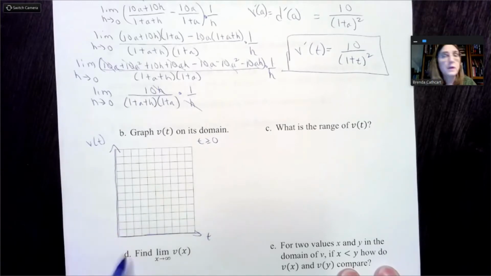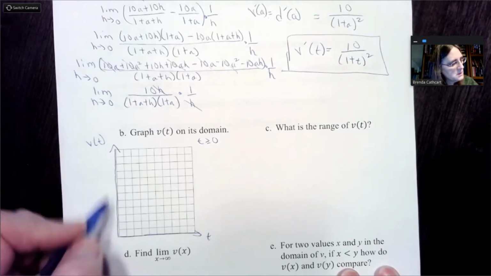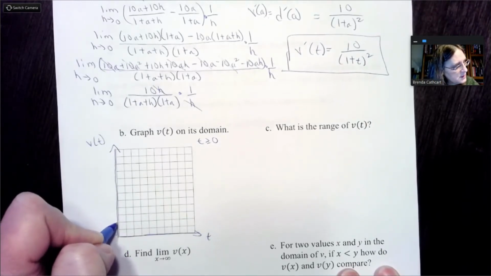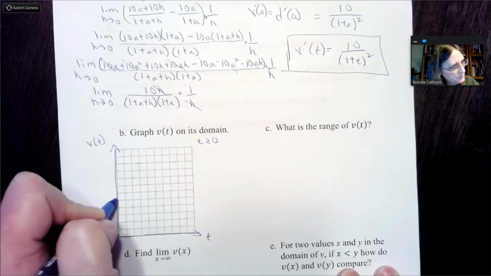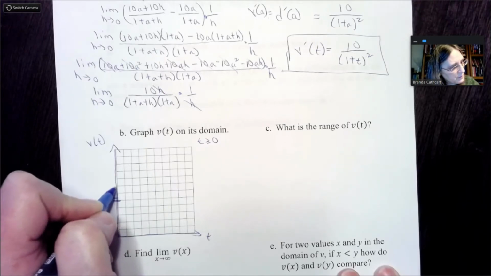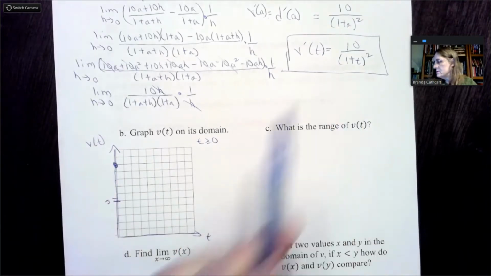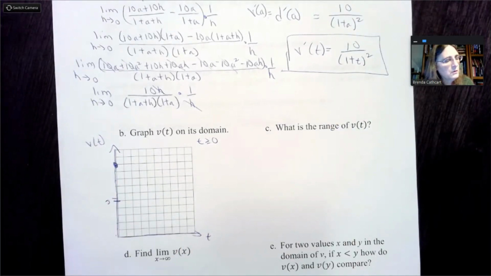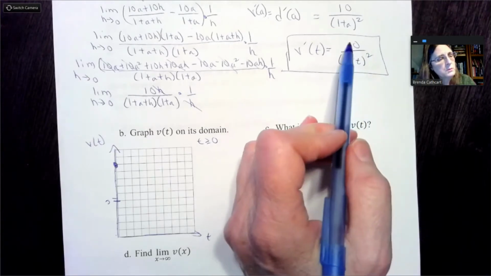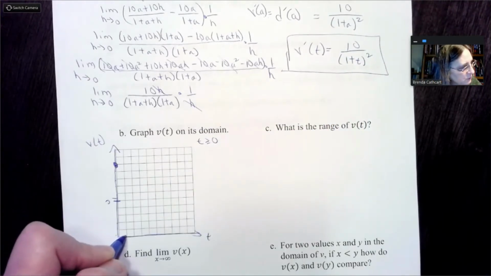We go by a scale of 1. When t is 0, v of t is 10. So we have this point. When t is 1, our v of t is going to be 10 divided by 4, or 2.5.